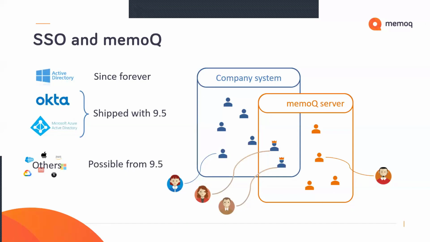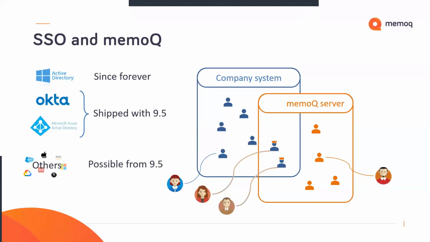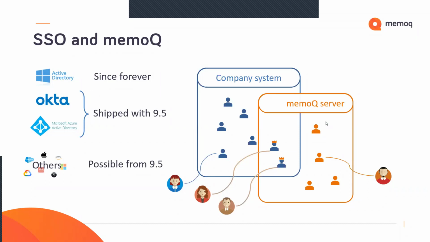Regarding SSO, are there any changes to how ELM licenses are distributed, updated? Nope, not really. As you see, these users will behave exactly the same as they used to when they were only existing in the memoQ server.